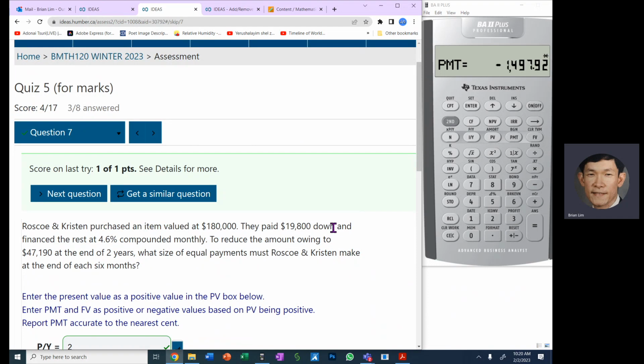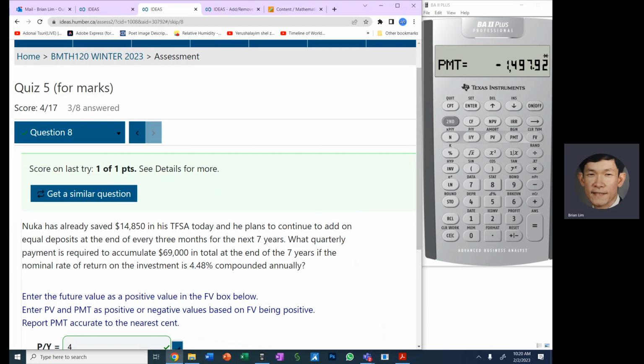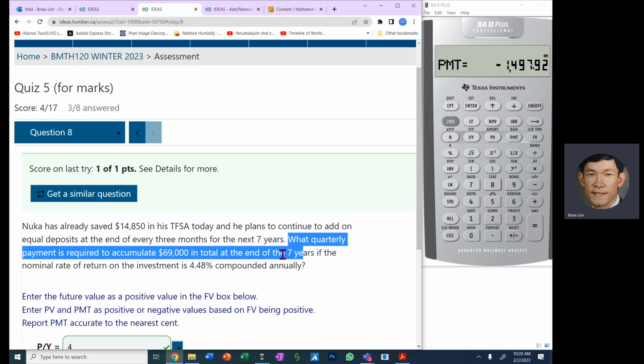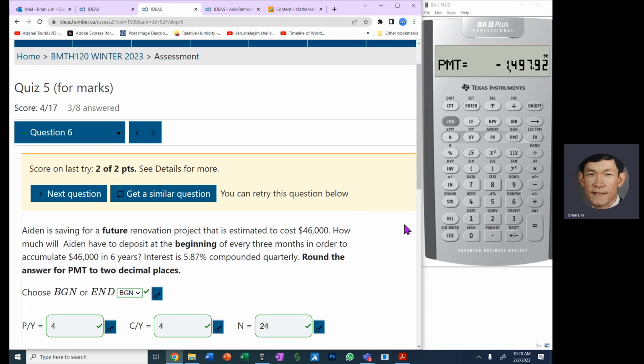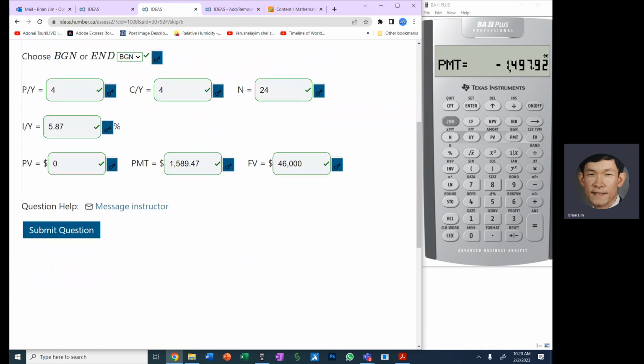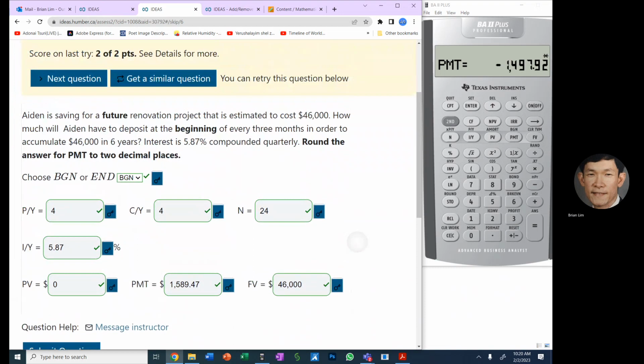These ones we are finding the payment. Oh, look, it says quarterly payment. Okay, so if we go back, here it's also how much. So these were all the same. We were all computing the payment.